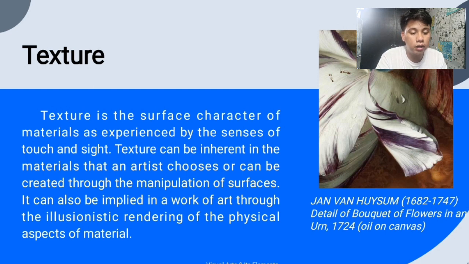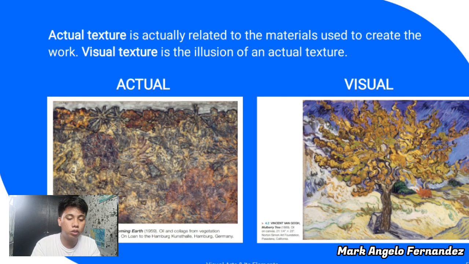In simple explanation, ang texture is the hardness and softness ng image. Pwedeng visually or physically. Physically, makikita mo talaga yung roughness ng isang art or softness ng isang art pag hinawakan mo ito. O kaya pag visual naman, parang binivisualize lang ng mata mo na rough ito.